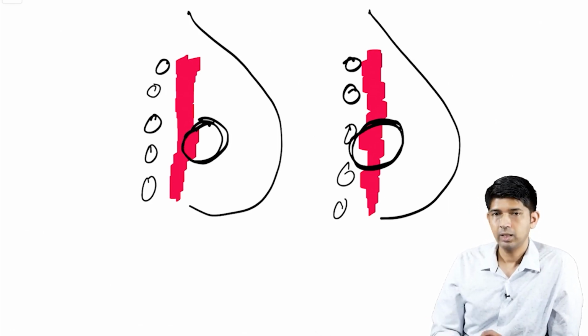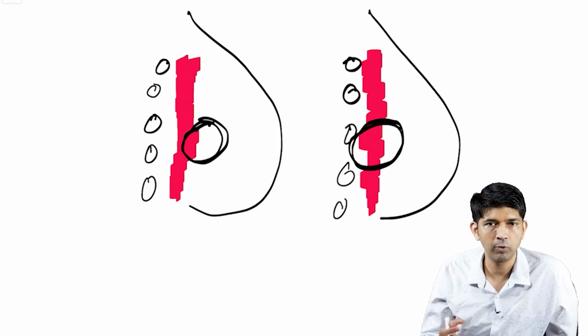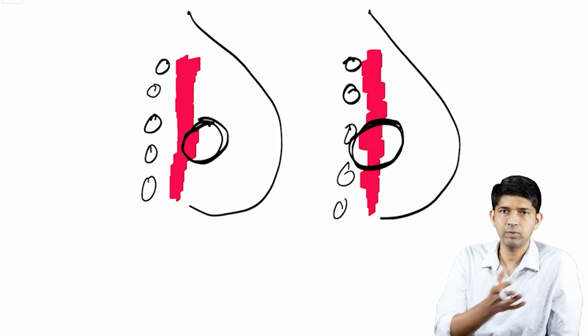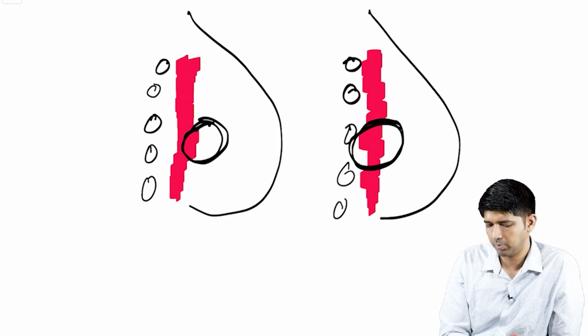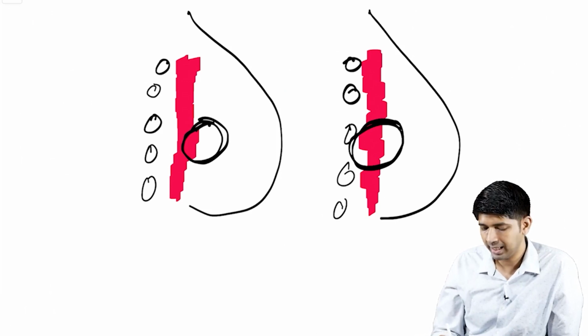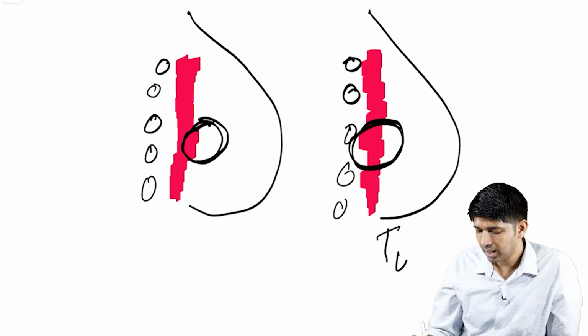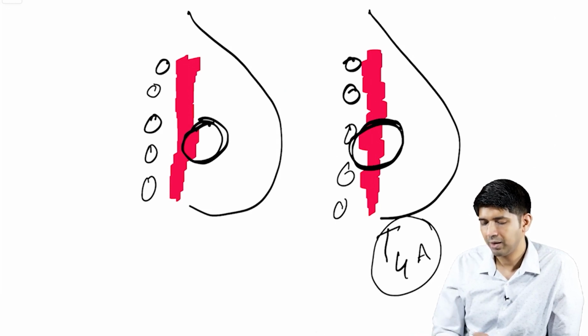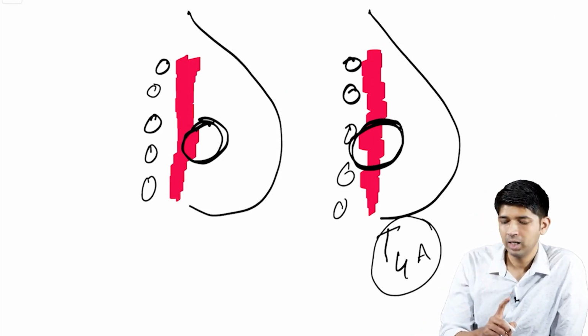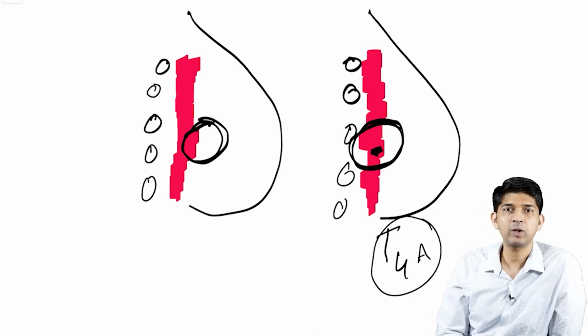Here, in both the cases, the breast will not fall forward, because in both the cases they are stuck onto something on the posterior aspect. But what is important is only this classifies as T4A, if it involves the chest wall apart from the pectoralis major.